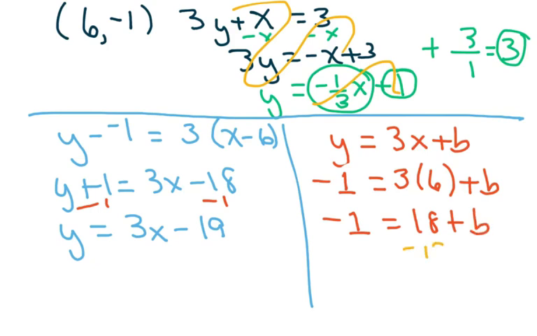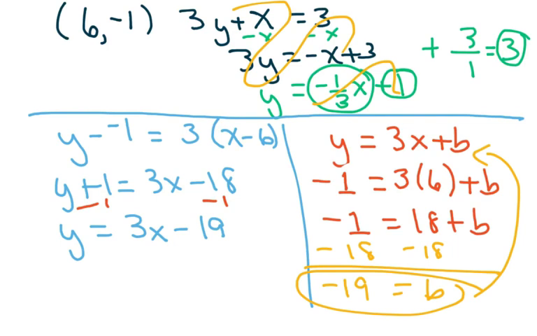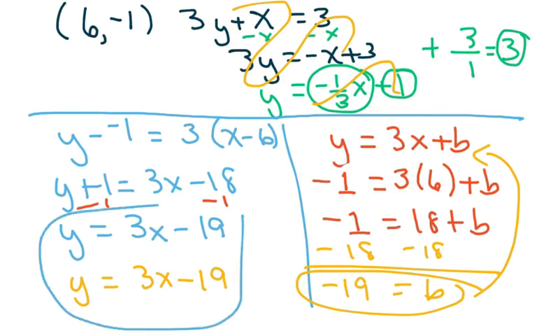Subtract 18 from both sides, and we get b equals negative 19. So when you plug this in, clearly it's going to equal the same thing, 3x minus 19. And these two match here. Let's do one more. Let's try one with a 0 in it. How's that? 0 comma negative 1.